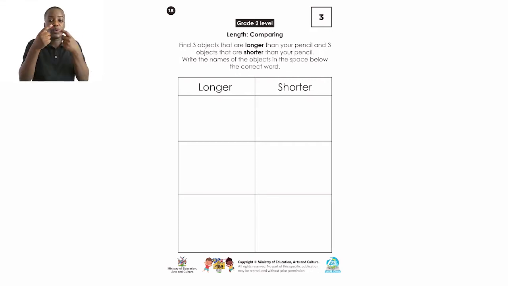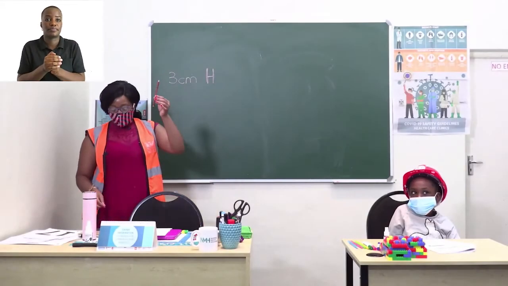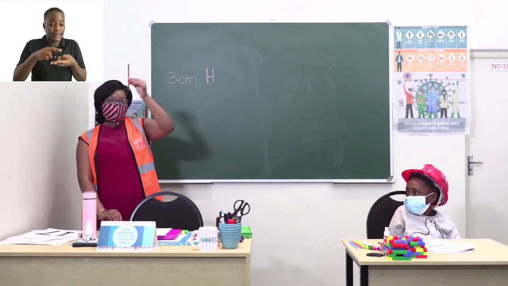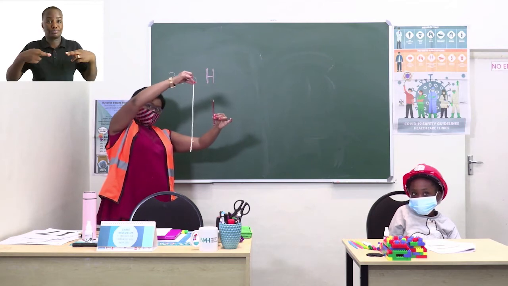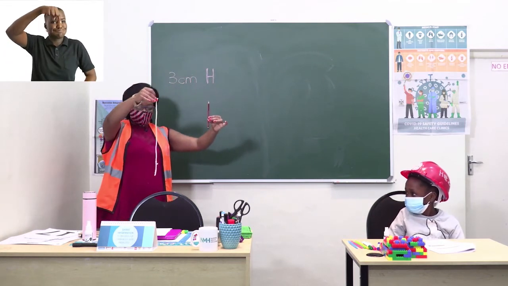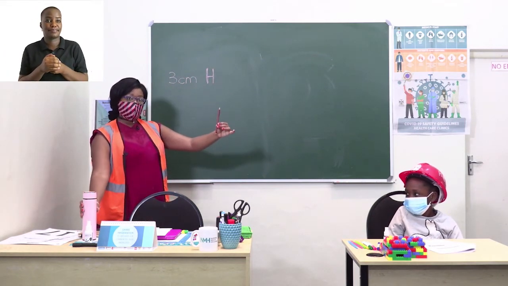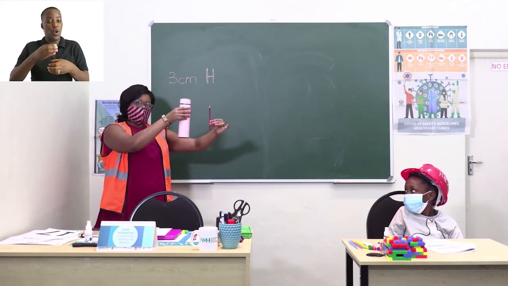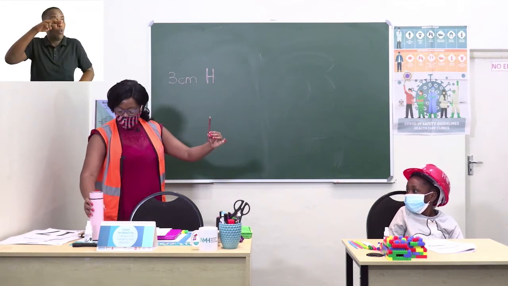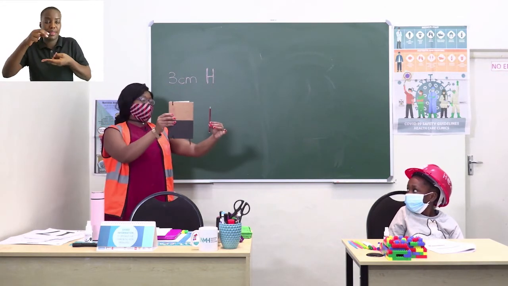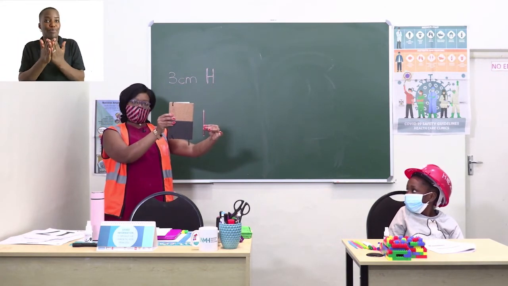Here we have found in our little classroom 3 objects that are longer than our pencil. This is our pencil, and our piece of string is longer than our pencil. We have also found a bottle that is longer than our pencil, and we have a book that is longer than our pencil.